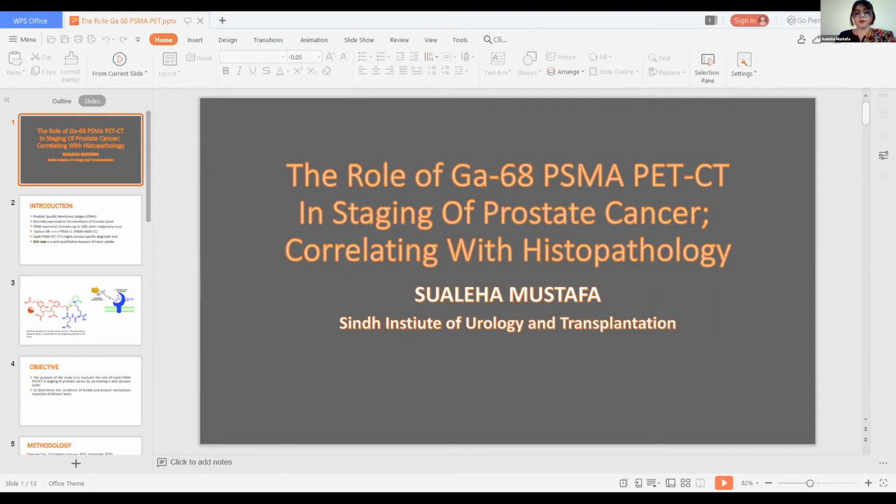And then what happens inside the body is that this gallium-68 PSMA-11 goes to the PSMA that is present on the surface of prostate gland, and then this is a very highly tumor specific diagnostic test that we have.